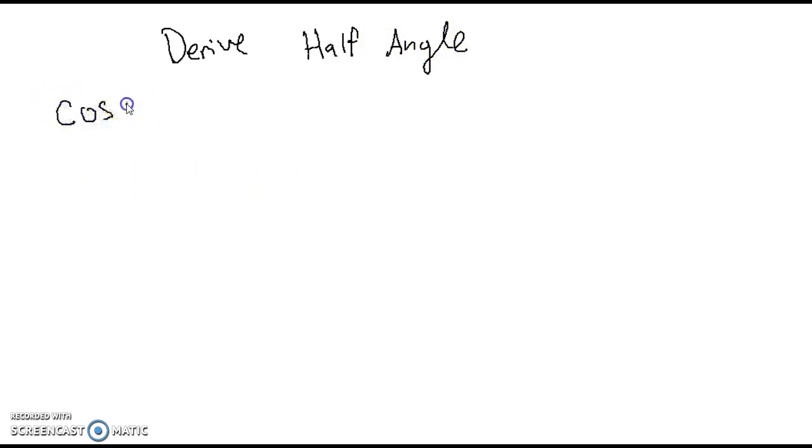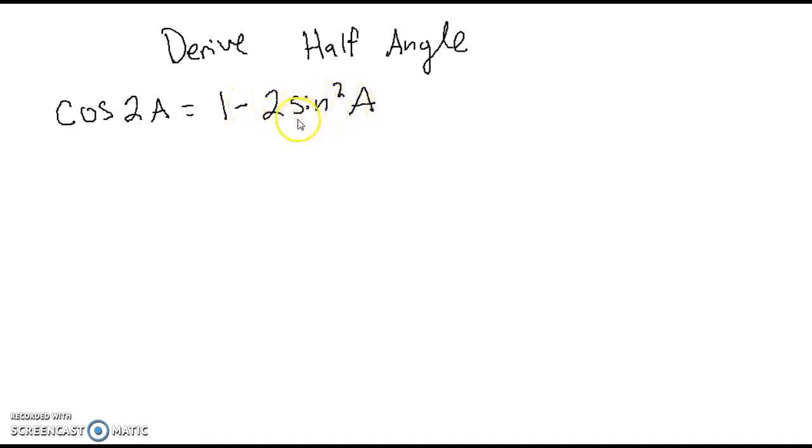One of the double angles that we talked about was the cosine of 2A, and there are 3 different ways we could write it. One of the ways is like this: the double angle of cosine is equal to 1 minus 2 sine squared A.